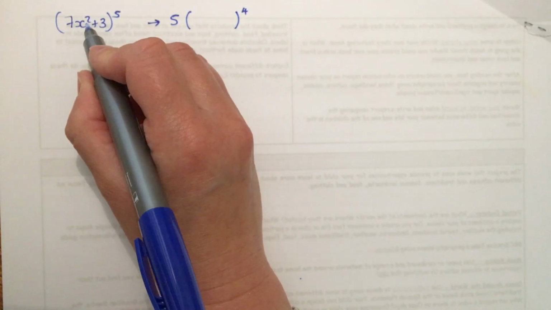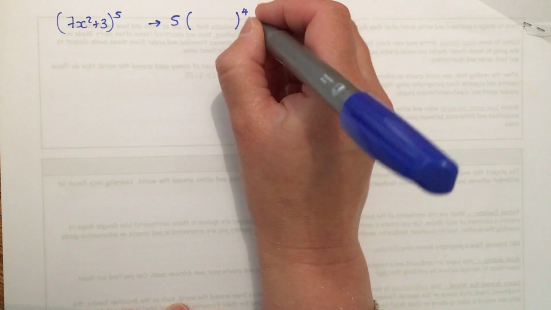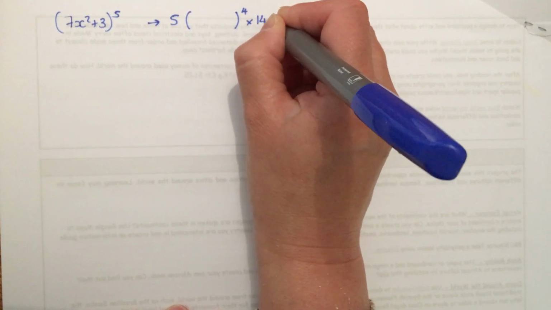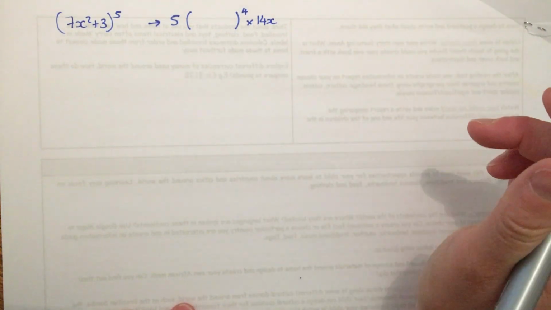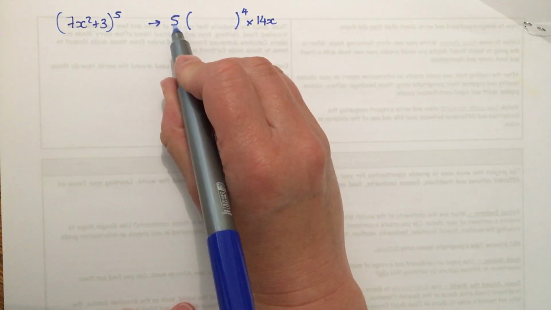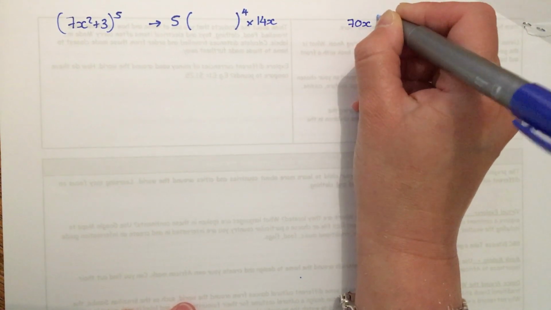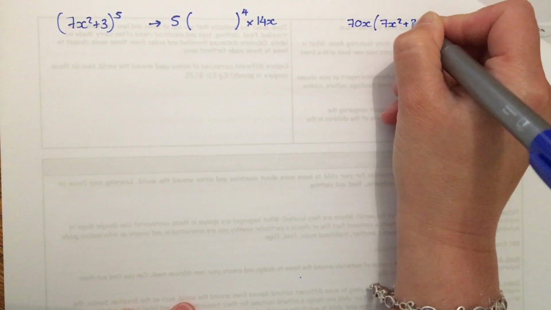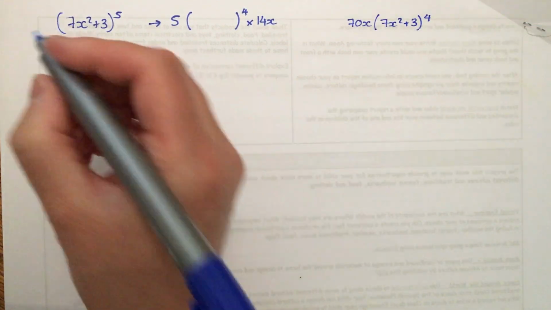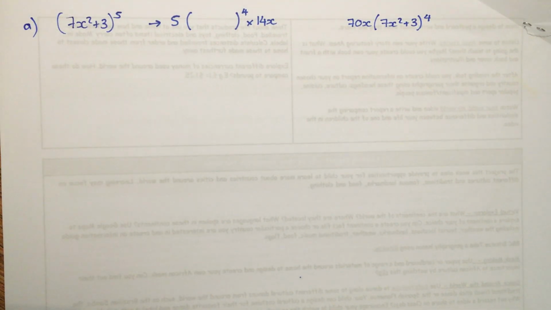And then you also have to differentiate the inside as the compensation. If you differentiate 7x squared, you get 14x. So my final answer for this one is 5 times 14, which is 70x, and then (7x squared plus 3) to the power of 4. So that's everything for question 1.